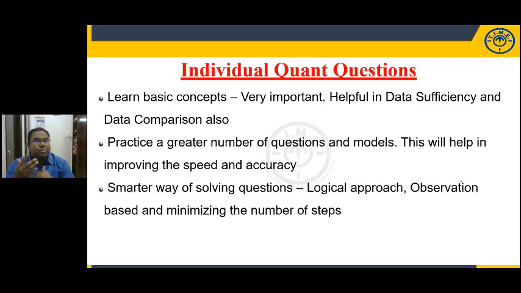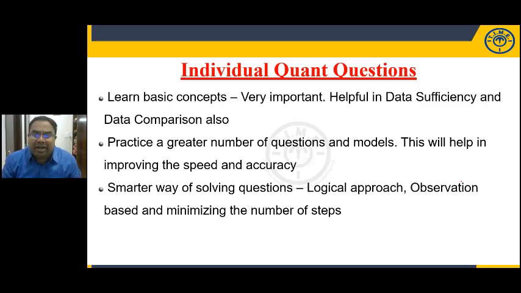Then look at a smarter way of solving the question. Once you solve a question, arithmetic particularly, whether time and distance, time and work, percentages or profit and loss, the more questions you solve, the more ideas you get. The more models you see, the more ideas there will be. Every question, ask: I can solve like this, but can I reduce the number of steps so that I can save time in the exam?